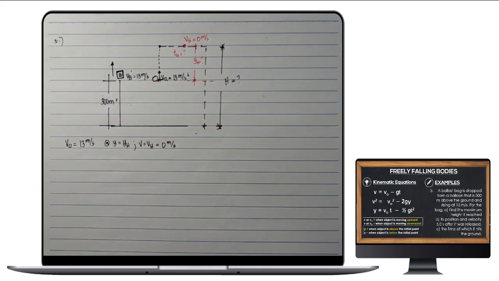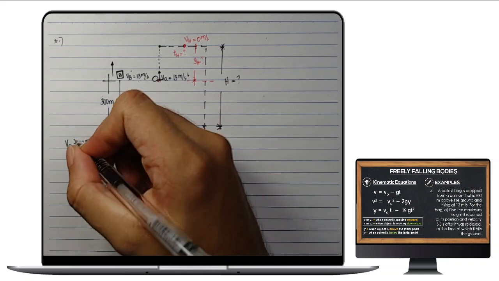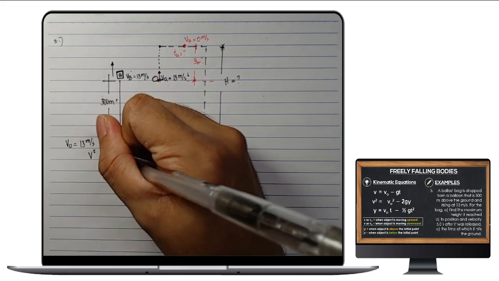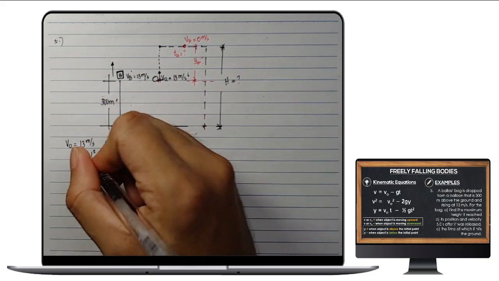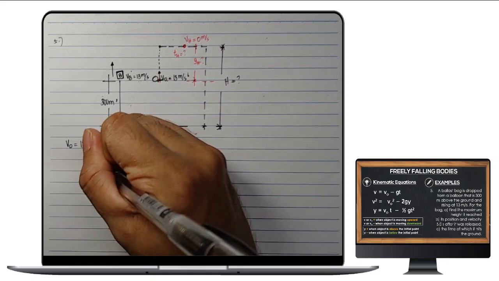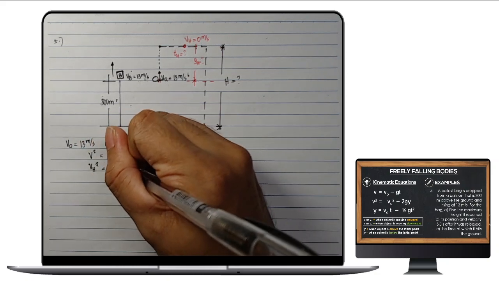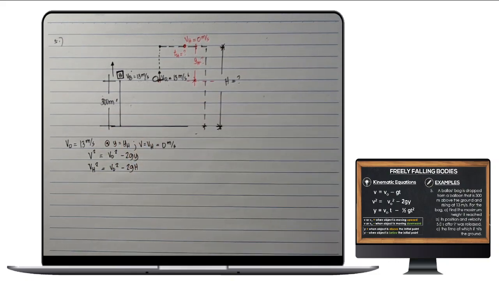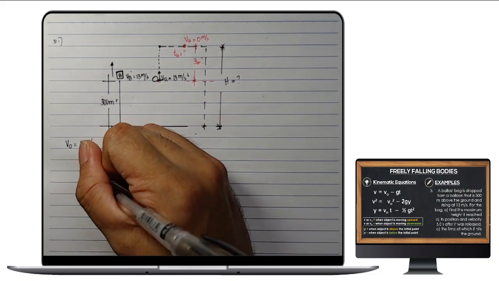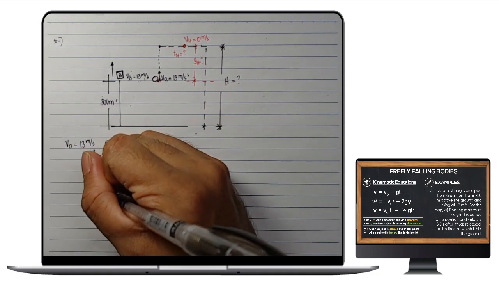And using the second equation, we have v square is equal to vo square minus 2gy. So we can have it as vh square is equal to vo square minus 2gh. And from this equation, v sub h natin is 0 and we can find the value of h.